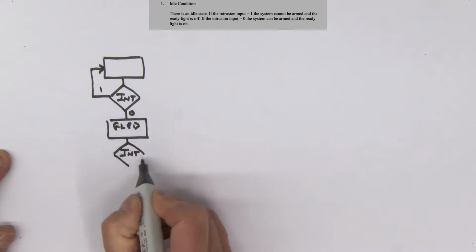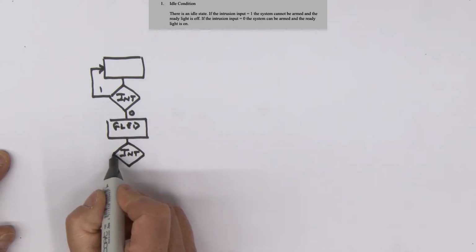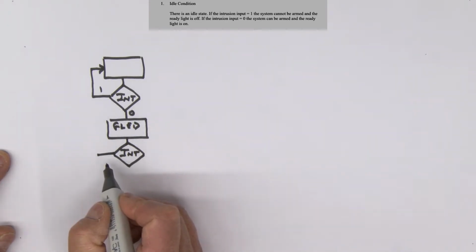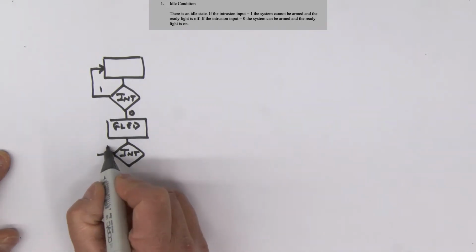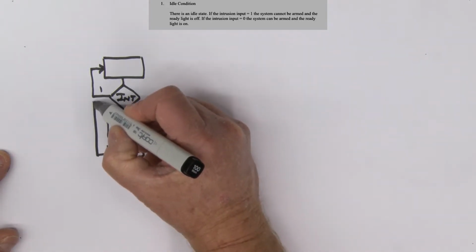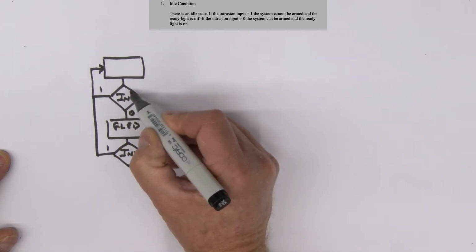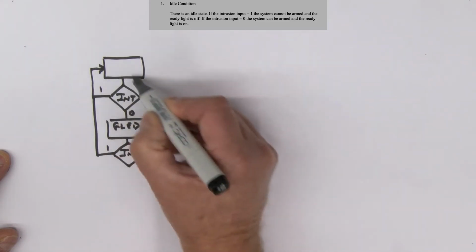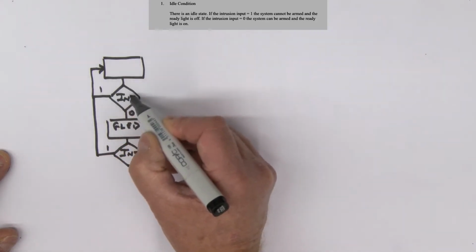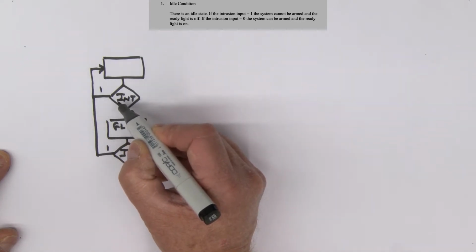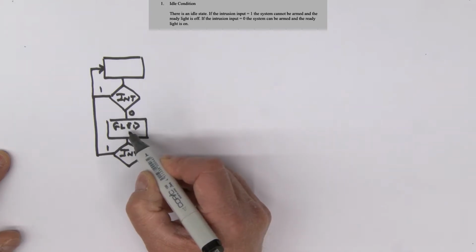Now, if this intrusion goes back to a 1, which might mean that we've opened a window or we've opened a door, then we're going to simply move back up to this condition here. And we'll loop around in this condition until the intrusion input goes away, and that is where all doors and windows, let's say, are closed, and then we'll move into this state.